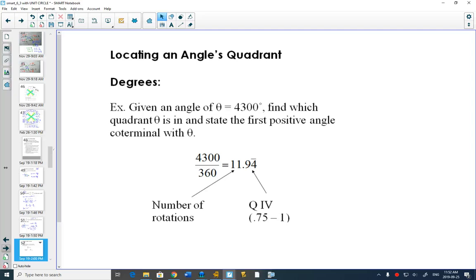Because the quadrant is so important for drawing the triangle, for the CAST rule, one of the things that we're going to look at is how can we tell what quadrant an angle is in, and how can we do that quickly? And we're going to look at calculator methods and non-calculator methods. So starting in degrees, you have an angle of 4,300 degrees.